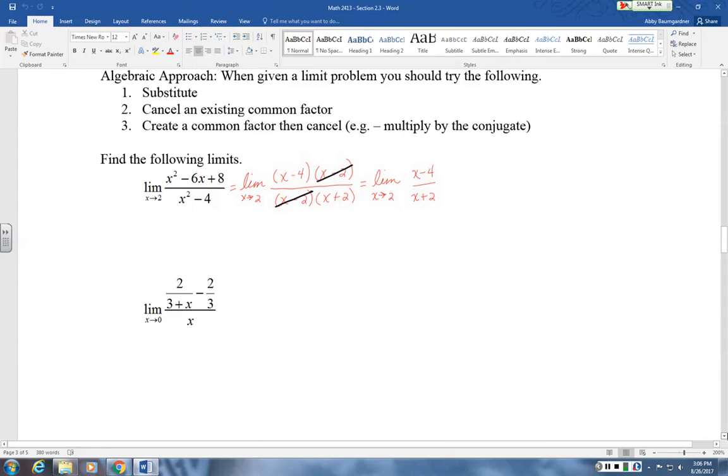You try to do a direct evaluation again. So I am now going to plug the 2 in. Notice that I'm not writing limit here, right? Once you begin to evaluate, you stop writing the limit. So because I'm plugging the 2 in, I stop writing the limit. This would give me negative 2 over 4, which reduces to negative 1/2.